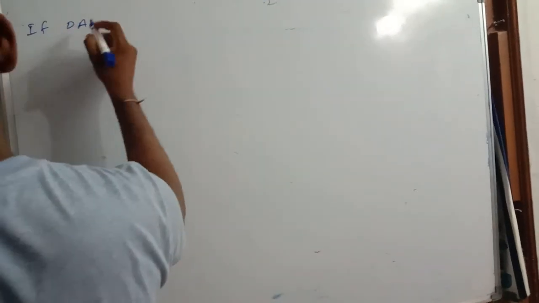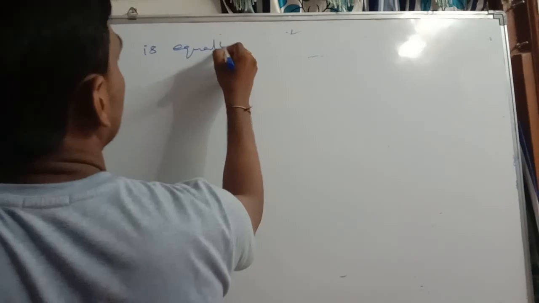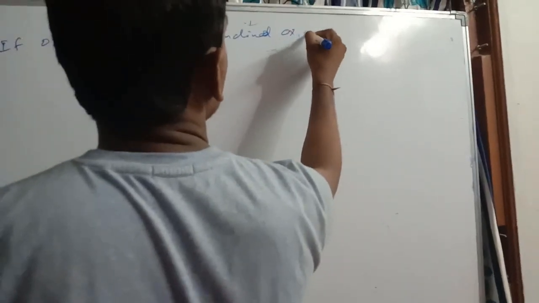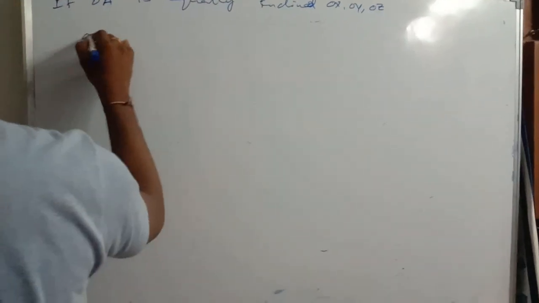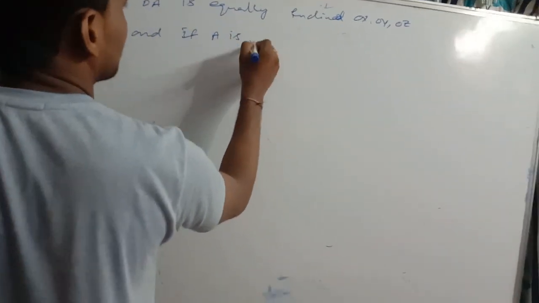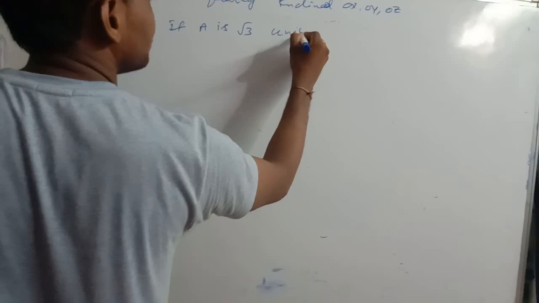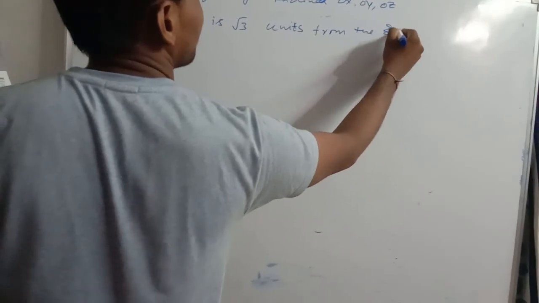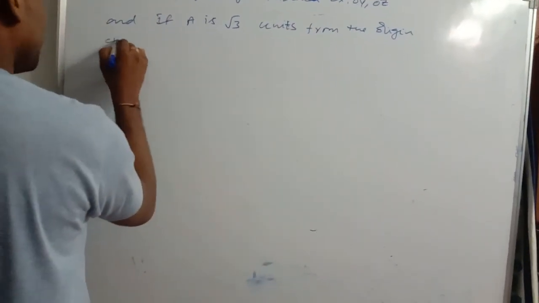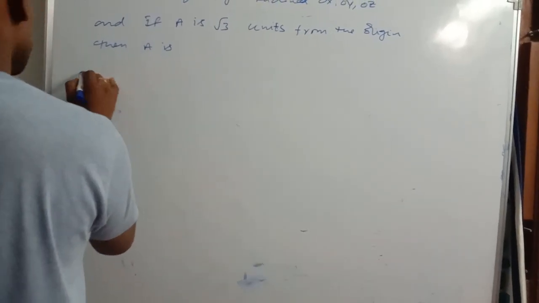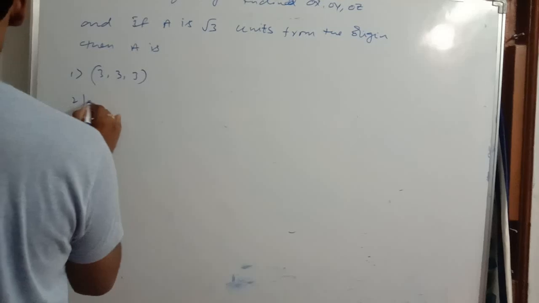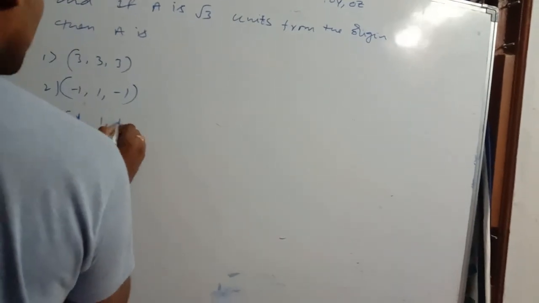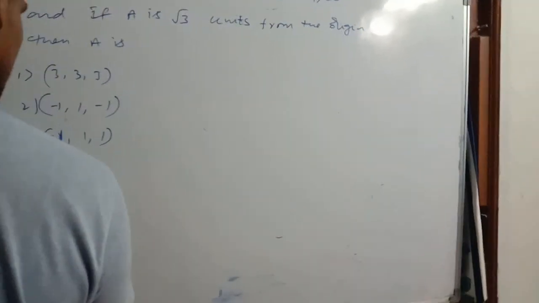If OA is equally inclined to OX, OY, OZ, and if A is root 3 units from the origin, then A coordinate is, first option is 3, 3, 3, and second option is minus 1, 1, minus 1, and third option is minus 1, 1, 1, and the fourth option is 1, 1, 1.